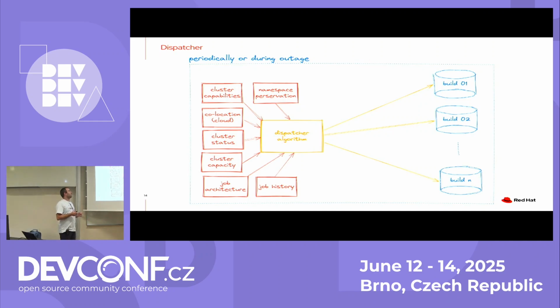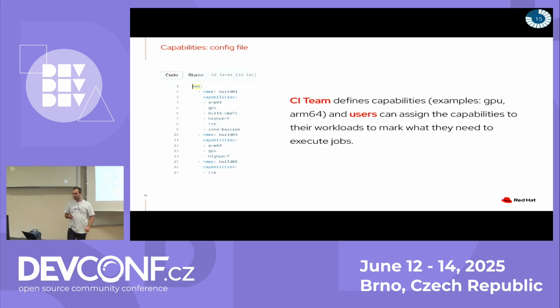We have the dispatcher algorithm, which is accepting all the inputs and then periodically or during an outage distributing load to the build clusters. Speaking more about capabilities, we have a capabilities config file here. So we have AWS.